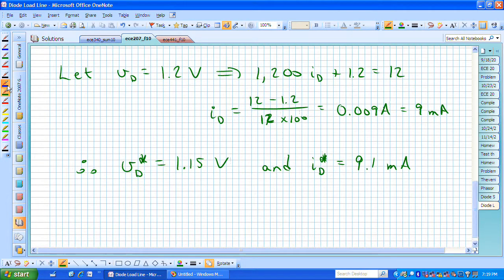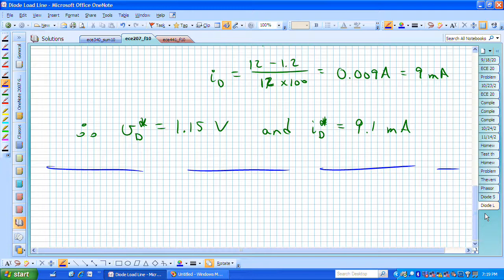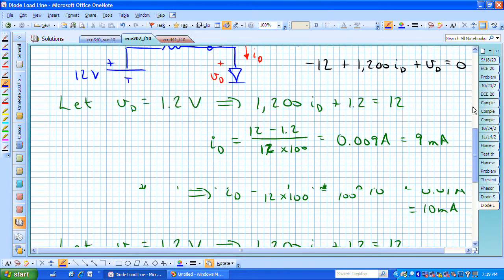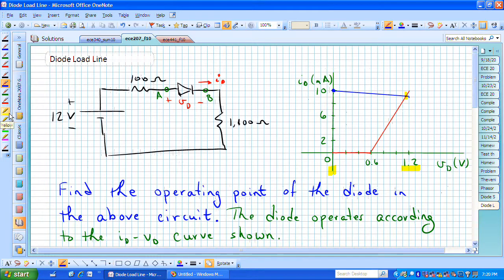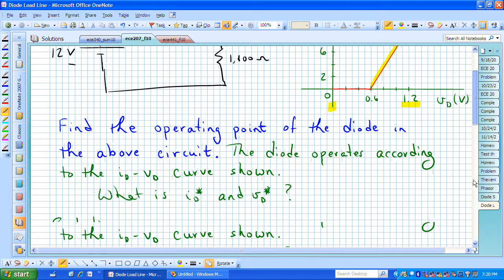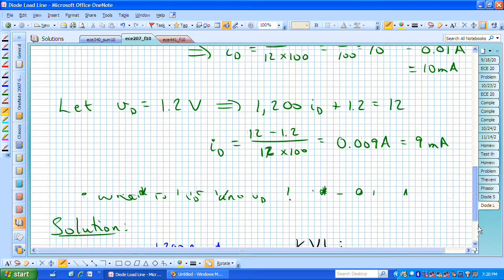If we were given more time and wanted to obtain a more exact answer, we could identify the functional relationship for this particular equation, and we know what this equation is by the straight line that we've just defined. We could then find the intersection of those two lines, and that would give us a more exact, more precise answer.